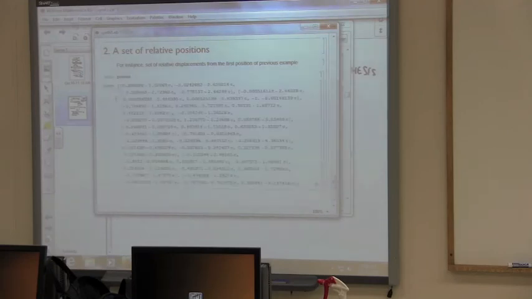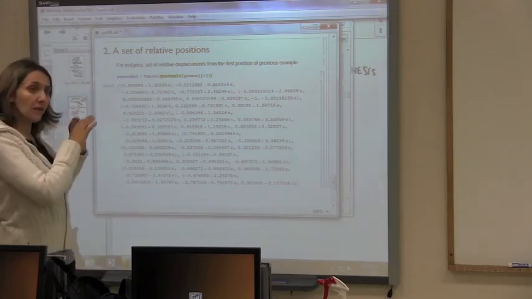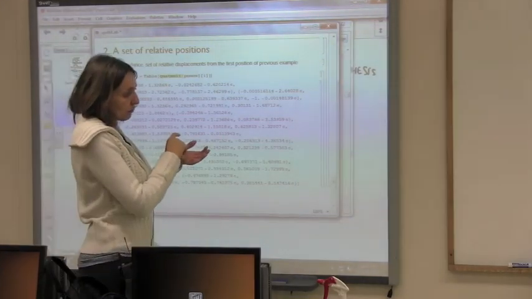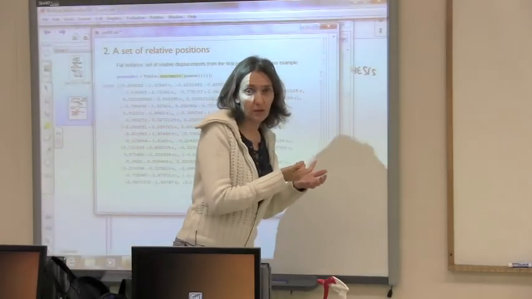Poses. And now we are going to define poses rel, and that is going to be a table in which we take poses of I and multiply it, quad mult, by the inverse of the first position. Remember that the relative was, P12 is P2 times P1 inverse.